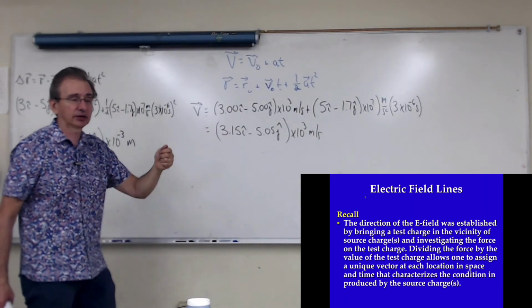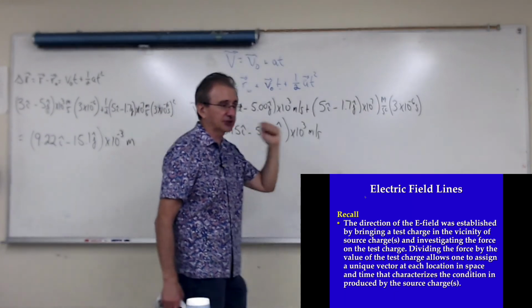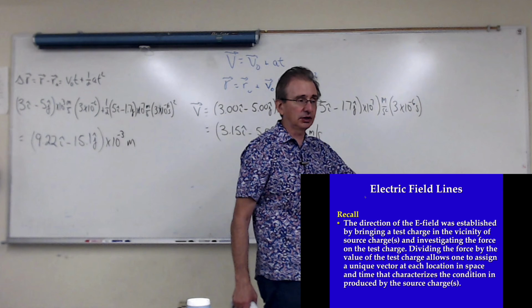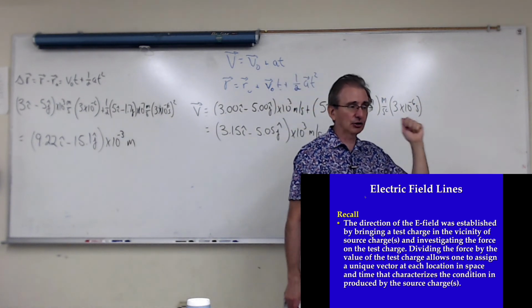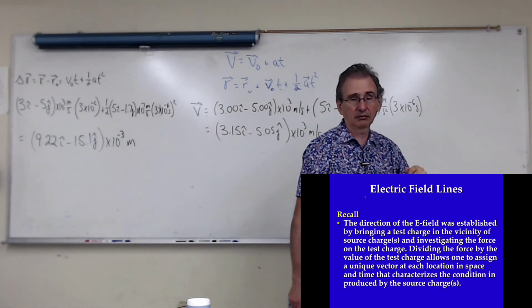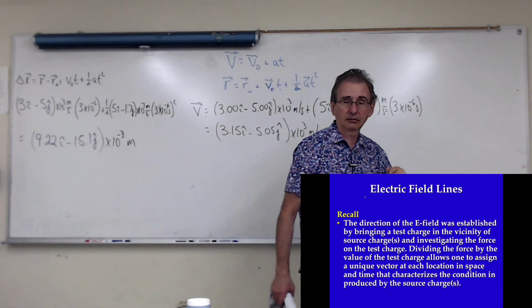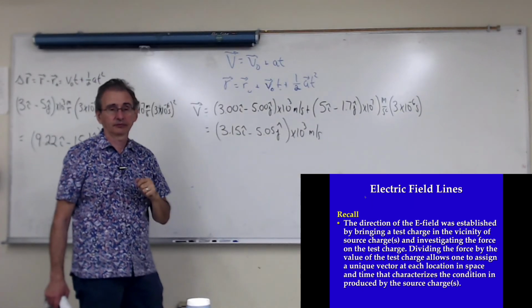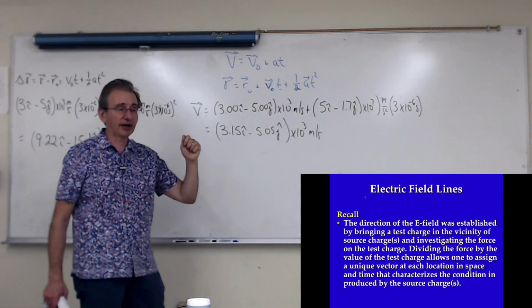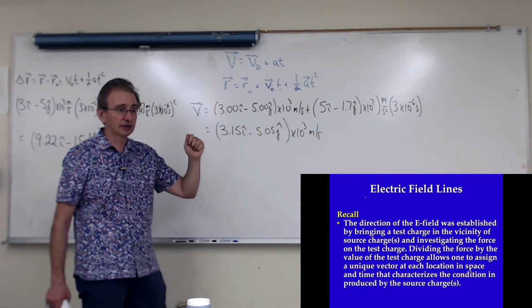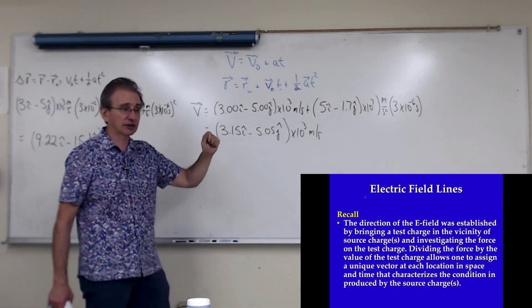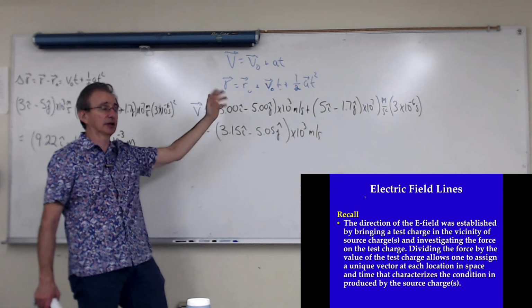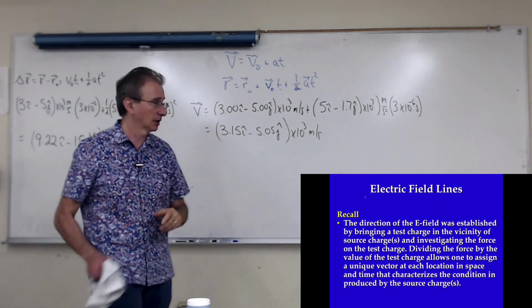By doing that, I can assign a unique vector at each location in space and time. And this unique vector characterizes the condition that that source charge produces when I put it in some location in space.